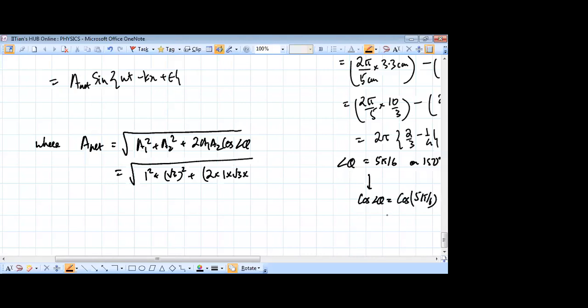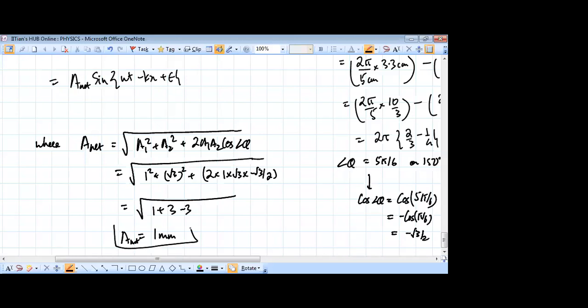So that is minus cos pi by 6. That is minus root 3. So 1 millimeter becomes the net amplitude.